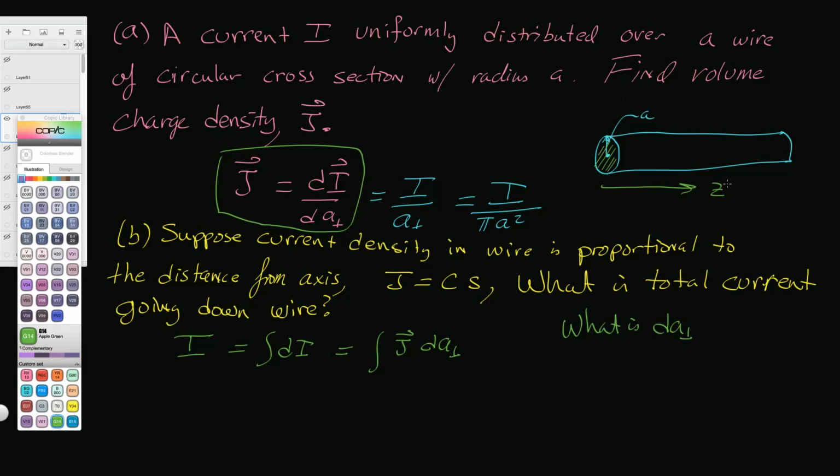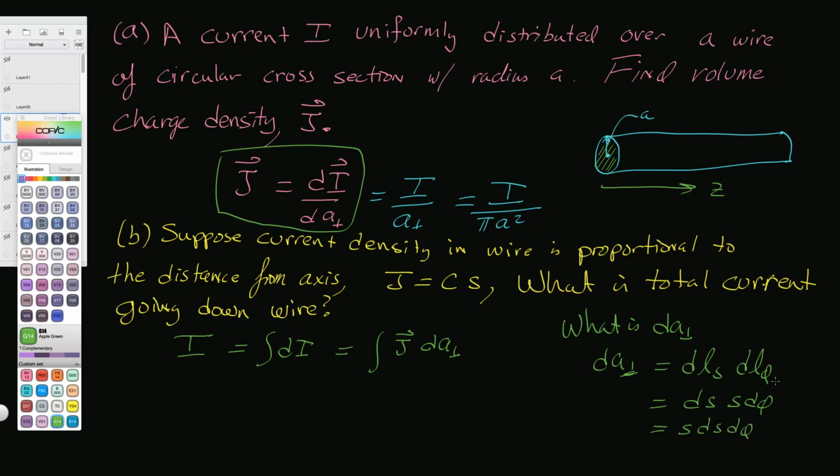You see how we oriented the wire? So dA is going to be dL_s times dL_phi, and in polar coordinates that's ds times S d phi, which is S ds d phi.